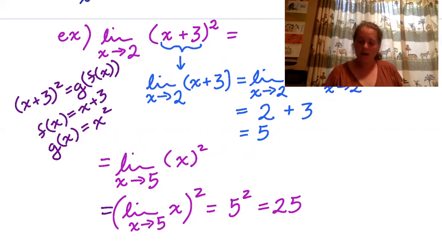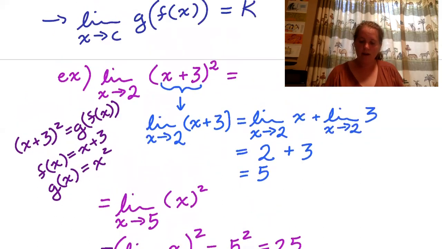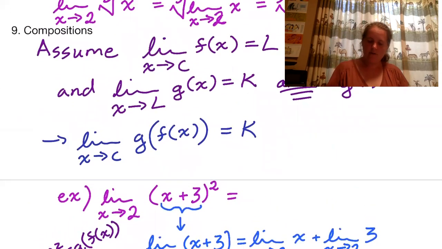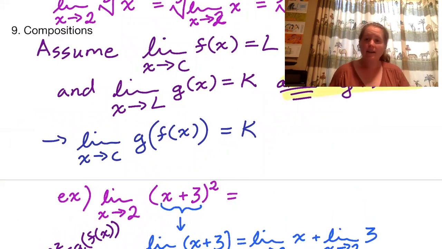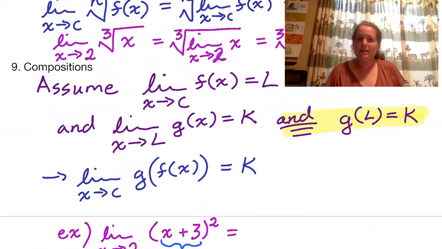The reason that we have our one sort of caveat of g of L equaling k is if we wind up with a constant function on the inside.